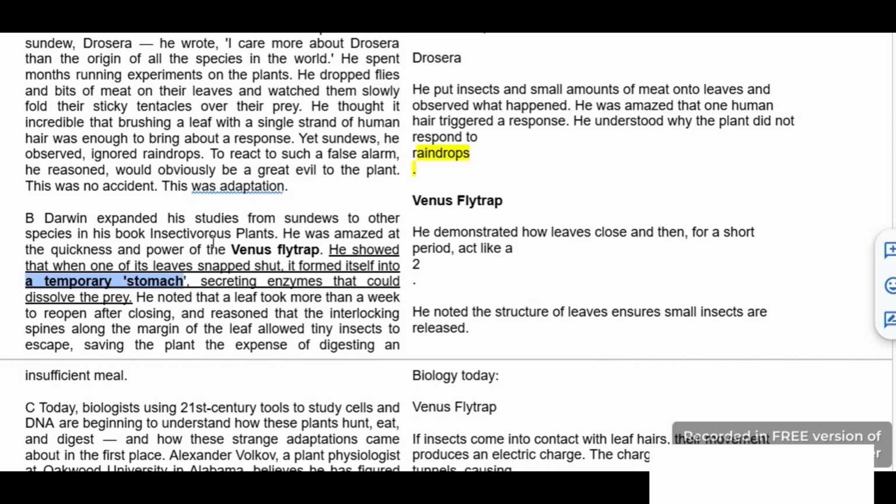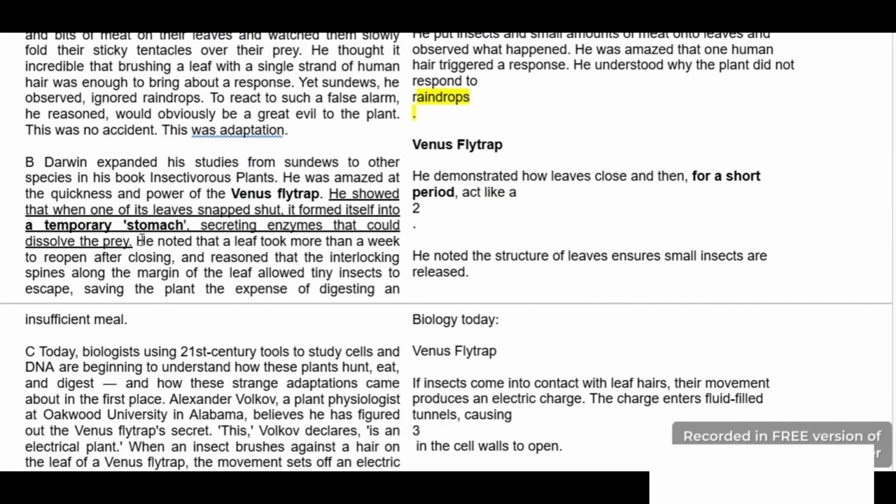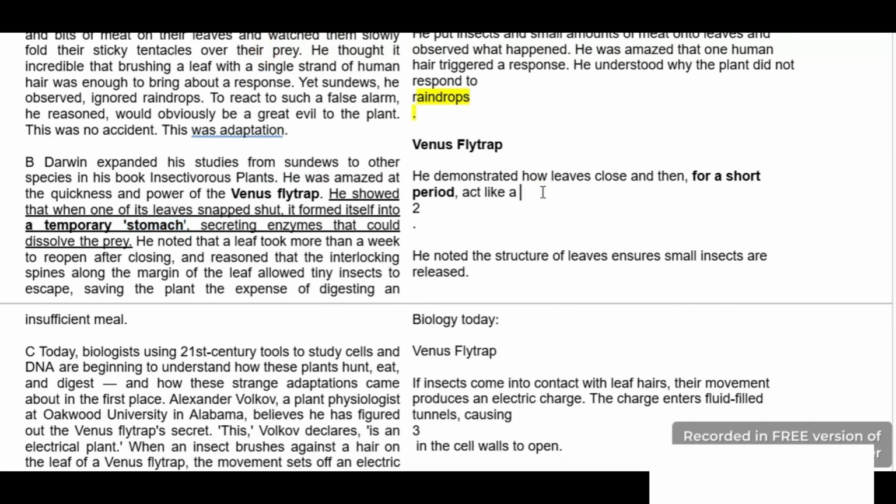The stomach is an organ that digests food. The word temporary indicates it only lasts for a short time, so this word was paraphrased for for a short period. We also need to know more vocabulary. The question says write only one word, so the answer will be stomach.